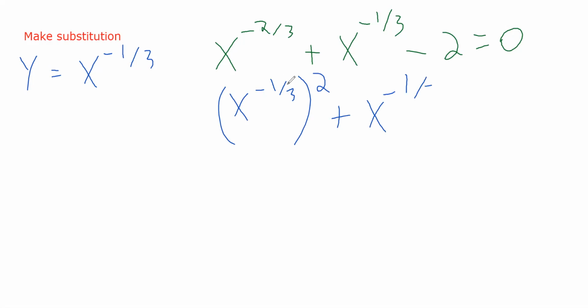The rest of it, we're just going to reproduce. Now we can make our substitution. Anywhere we see x to the negative 1/3 power, we can just write y.